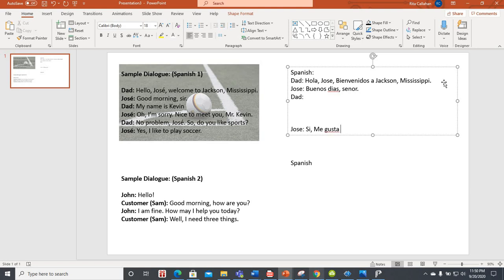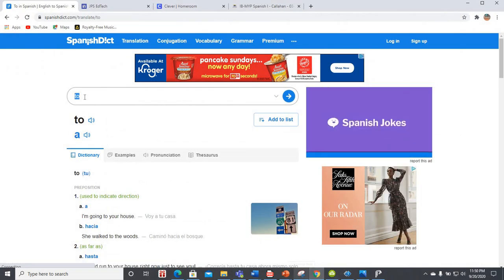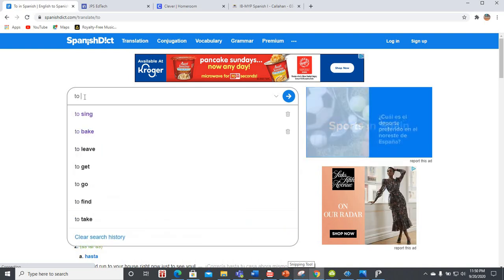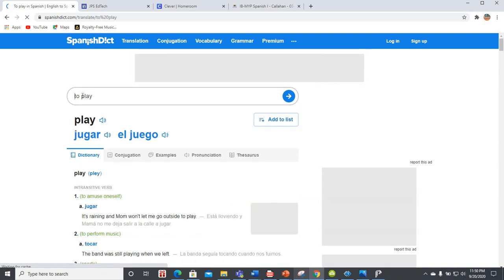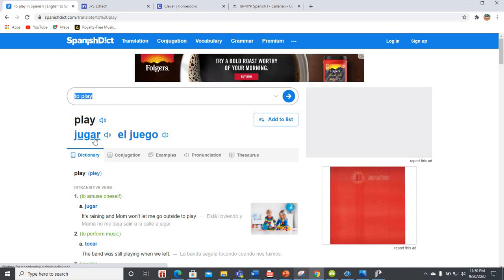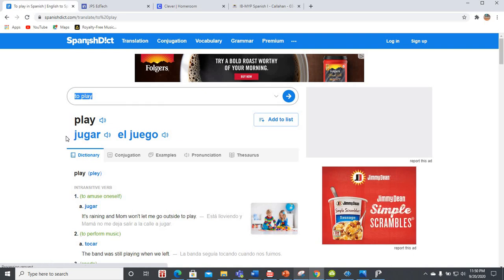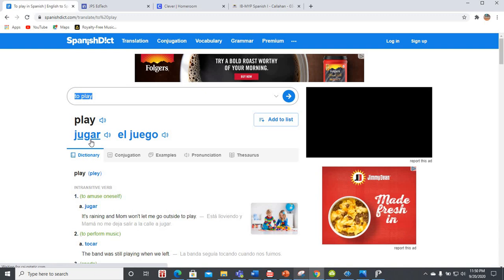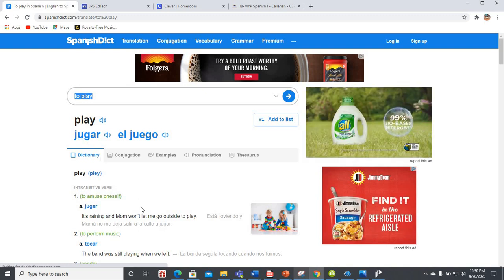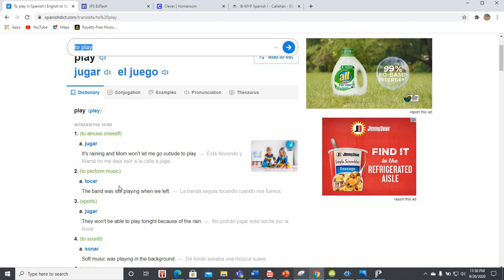So let me go back to SpanishDict.com and type in to play. Okay. So Ms. Callahan said, when I use this site to normally go ahead and use the first translation that's given. So I'm going to use jugar, and then I can look down here at examples and I can see how it's used.